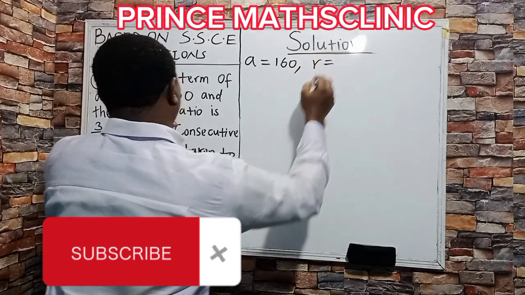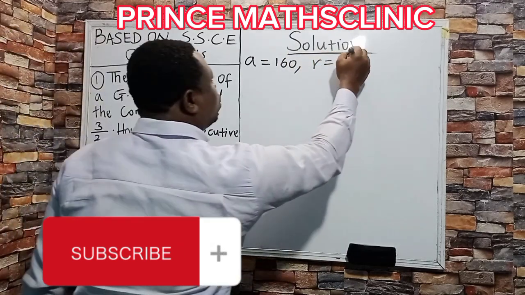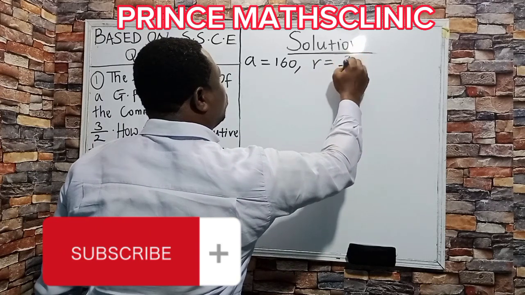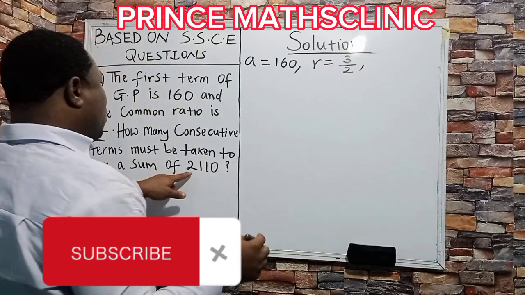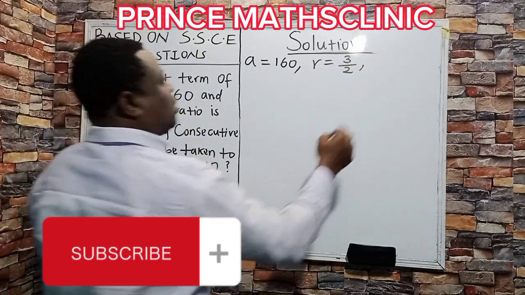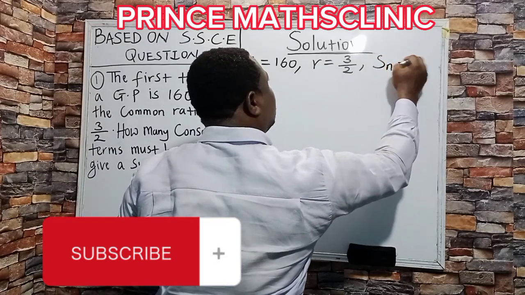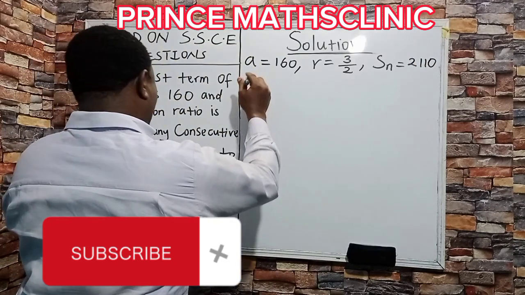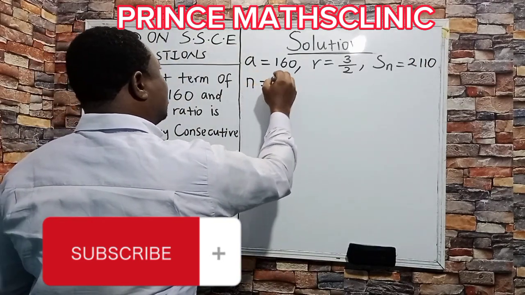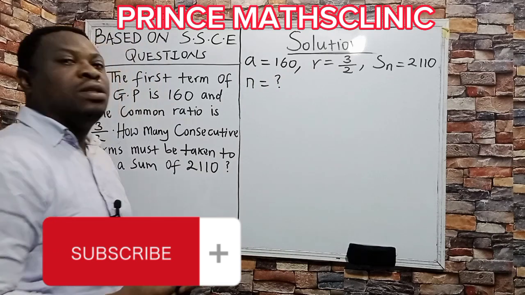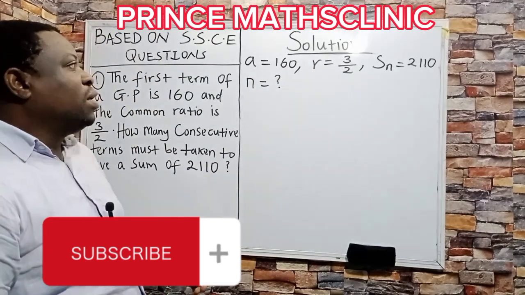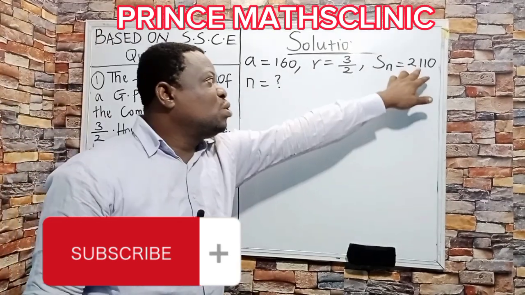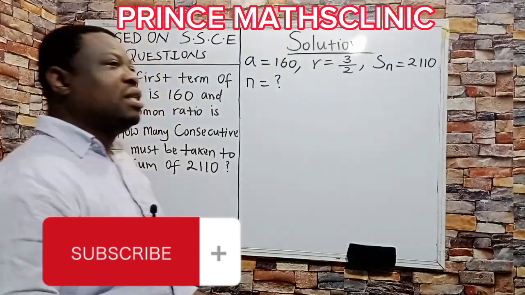The common ratio or common multiple is 3/2. The sum of the terms is 2110. And we want to find the number of terms that will be added together to give us 2110.